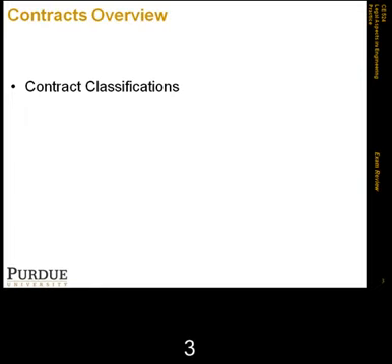The second type is implied in fact, where we have assent manifested by our actions rather than our words. We also had a second classification of contracts, which is based on subject matter. We had different types of contracts based on the transactions. Each of those contracts, of course, is treated differently under law due to the different levels of protection offered to the different sides by law.